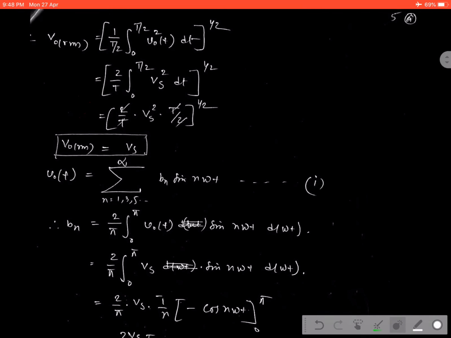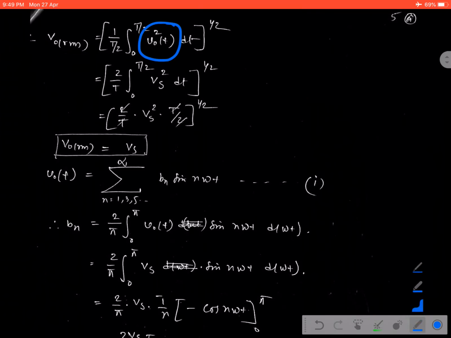That means the RMS value, root mean square, that is why V0 square, V0(t) square, and under root. And we have taken the limit 0 to T by 2 for the first half cycle or positive cycle, and the time duration is T by 2. That is why the expression will be 1 by T by 2, integral 0 to T by 2, V0(t) square dt, under root.